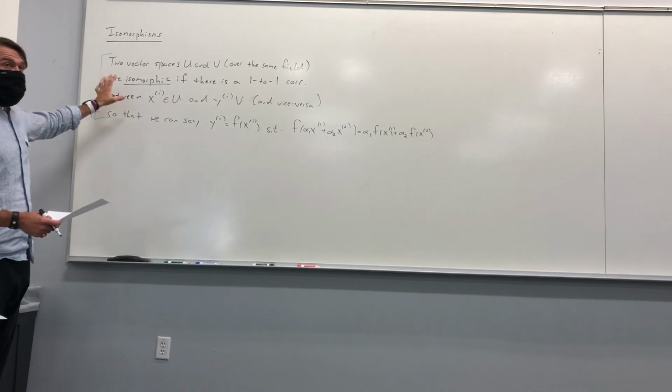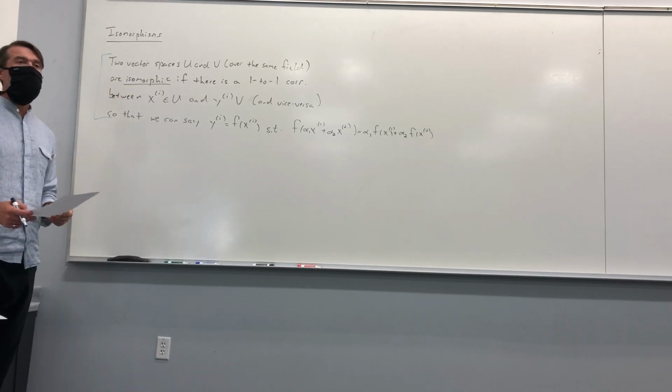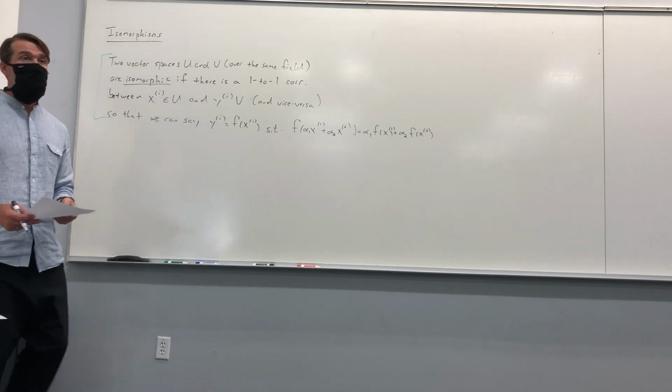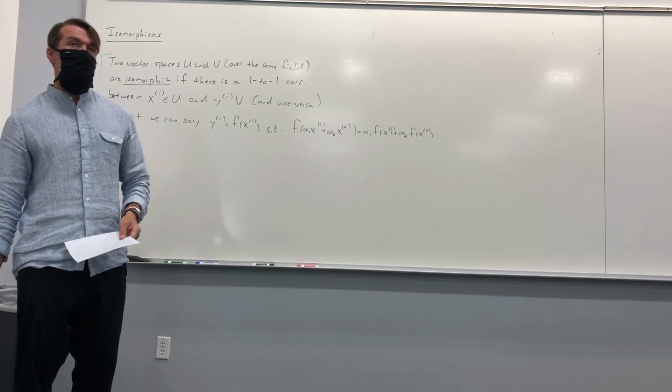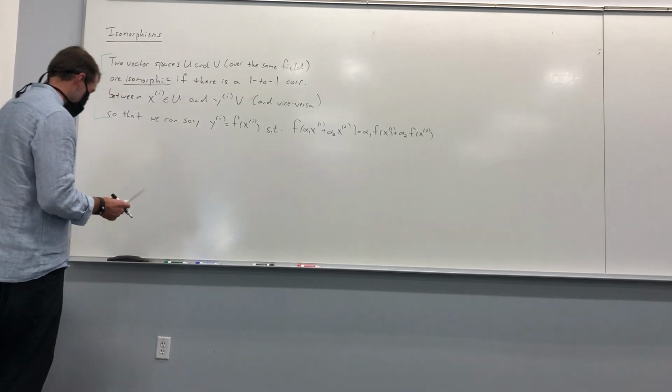But I can take this definition and do a proof, which I'm not going to show you. I'm just going to give you the result. Using this definition, you can prove the following.